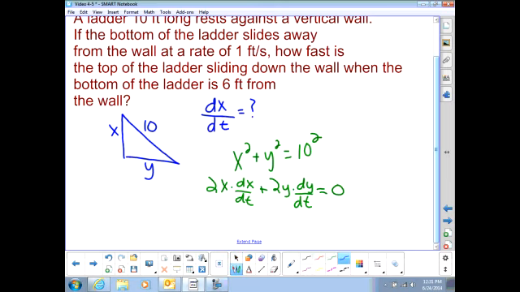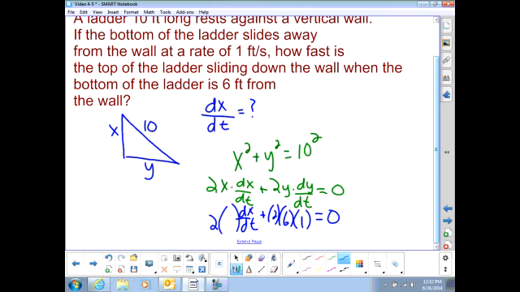So we should be able to sub in for x, for y, and for dy/dt. Well, dy/dt is the rate it's sliding away from the wall, which they told us was 1. The bottom of the ladder, we want to know when it's 6 feet from the wall. Well, that's our y value at that instant.